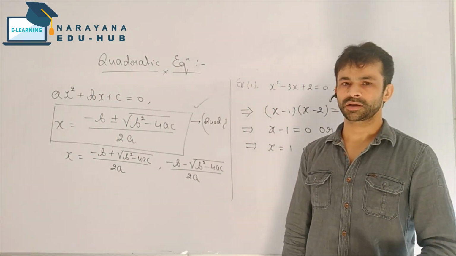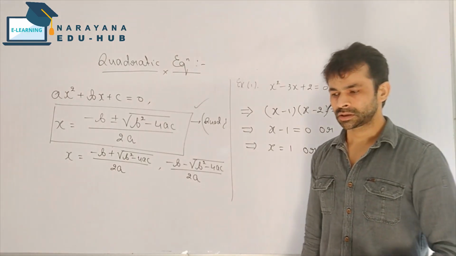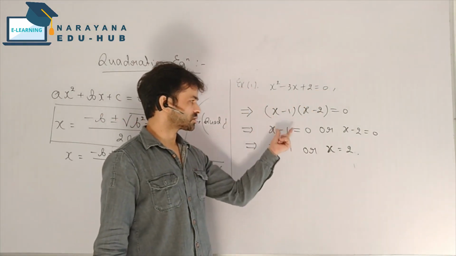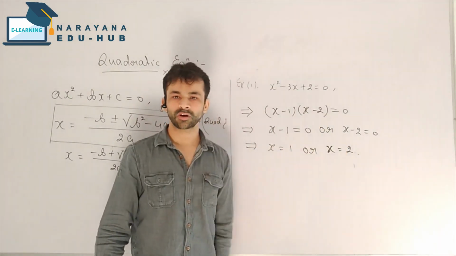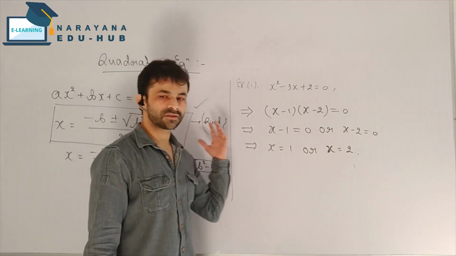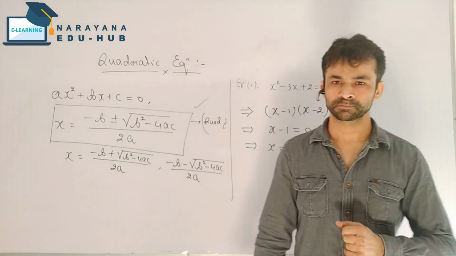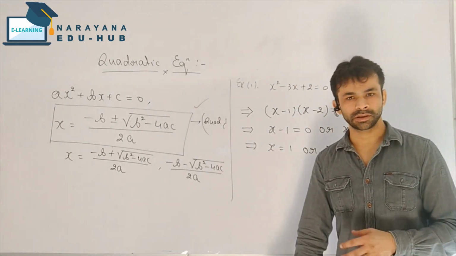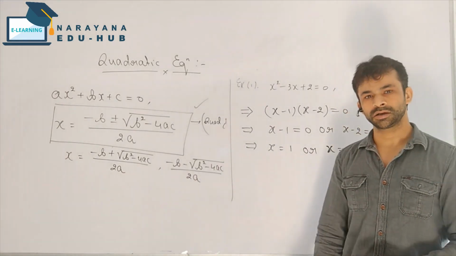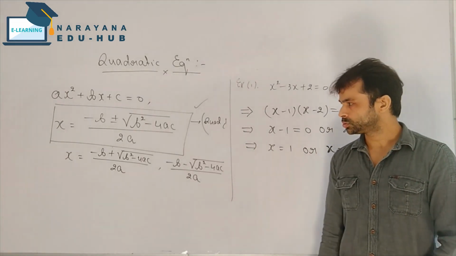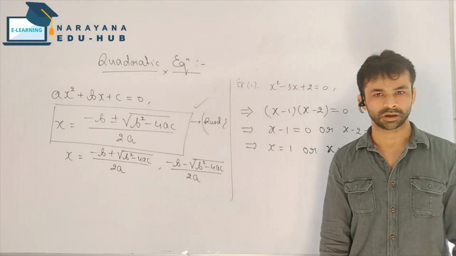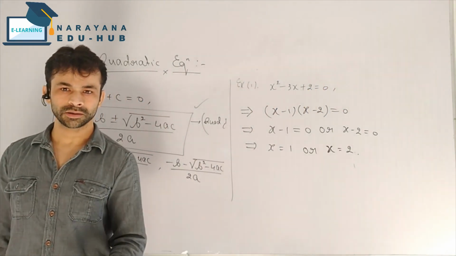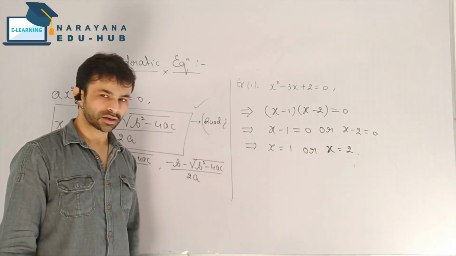So this is another way: if we can factorize, we can find the roots by putting the factors equal to 0. Otherwise, we can use the quadratic formula. Now just write down this example. Now we will be discussing how to prove, or derive, this formula. Just write everything.